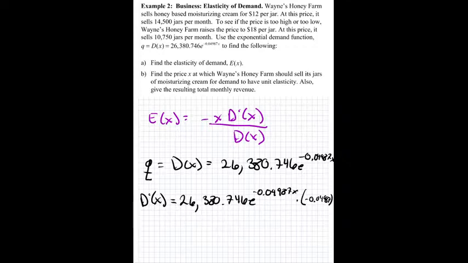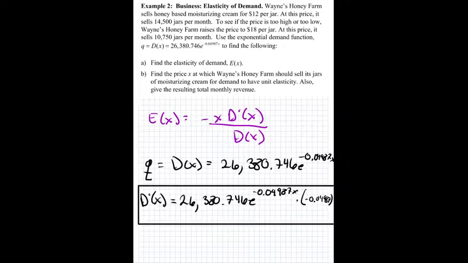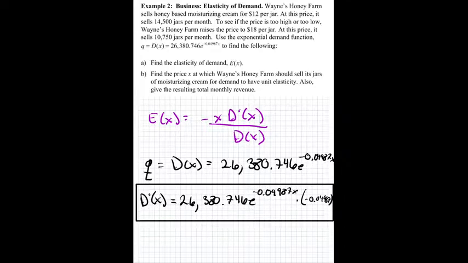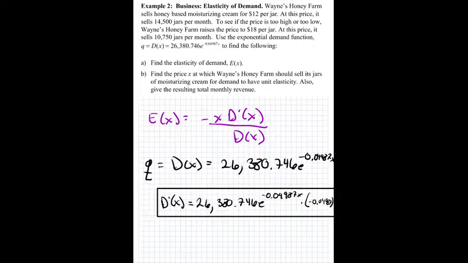And I want this guy. I'll shrink this down so it can fit better. Okay.